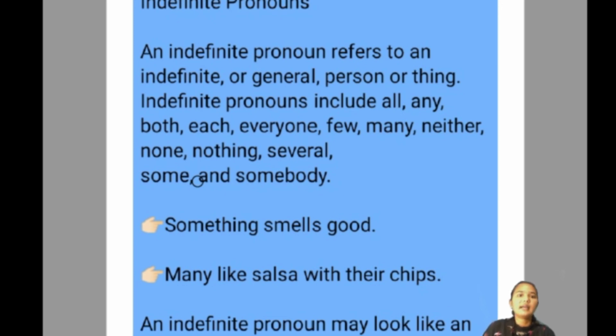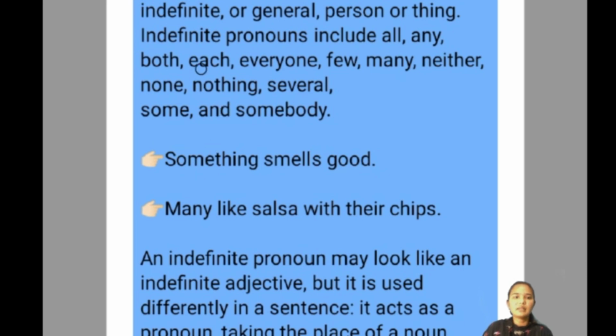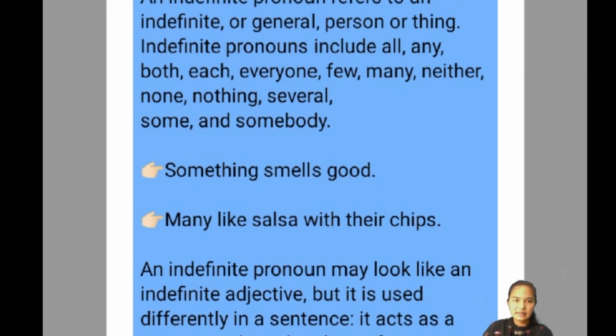Now the next one is indefinite pronoun. What is it? Let us see. An indefinite pronoun refers to an indefinite or general person or thing. Indefinite pronouns include all, any, both, each, everyone, few, many, neither, none, nothing, several, some, and somebody. I think it's very easy to understand.